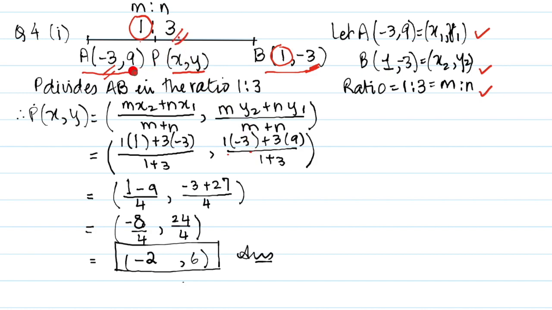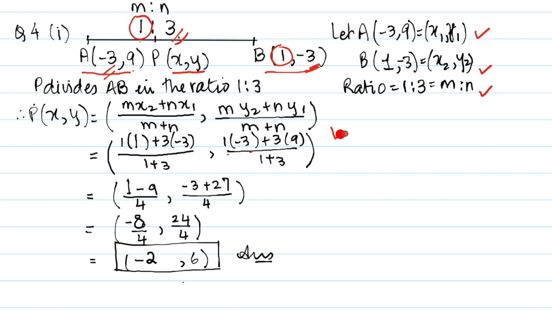This 3 will multiply with this 9, that is 3 into 9 upon m plus n, that is 1 plus 3. This will give us 1 minus 9 upon 4, and here -3 plus 27, that will give us 24 upon 4. So you'll have -2, 6, and that's our answer.